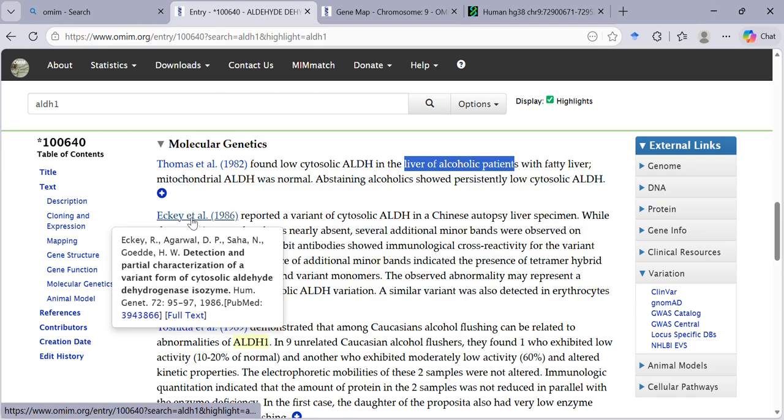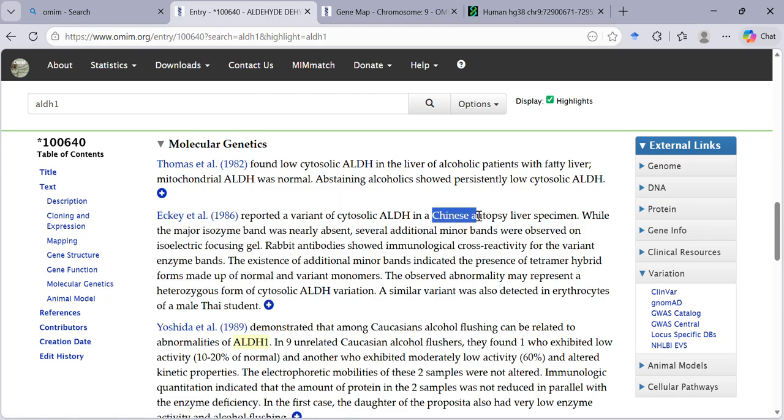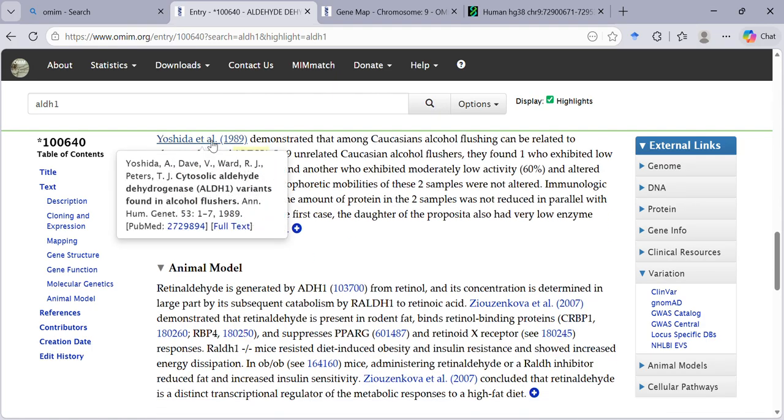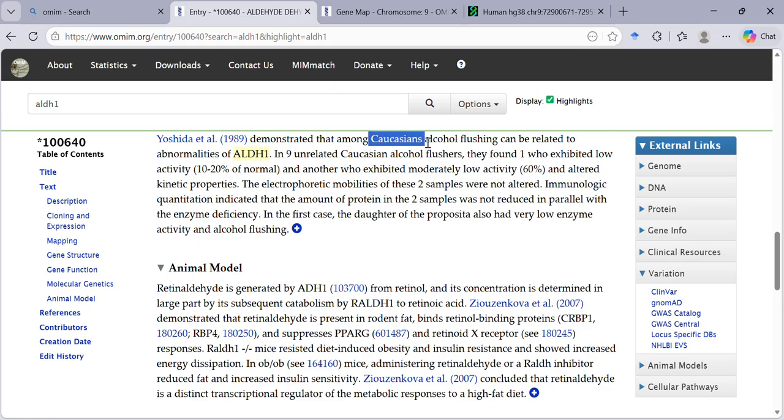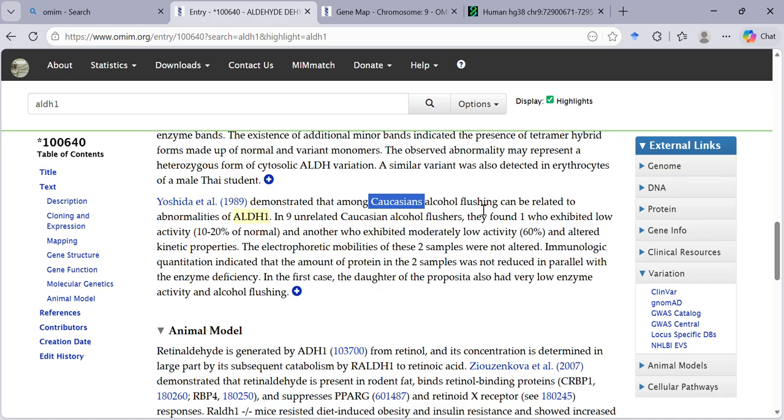Then they mention in 1986 there is a Chinese family, with a Chinese autopsy liver specimen. They found it, and then they did some experimental work. Then in 1989 they demonstrated it in Caucasians. What are Caucasians? They are what we call Europeans; in genetics we say Caucasian.